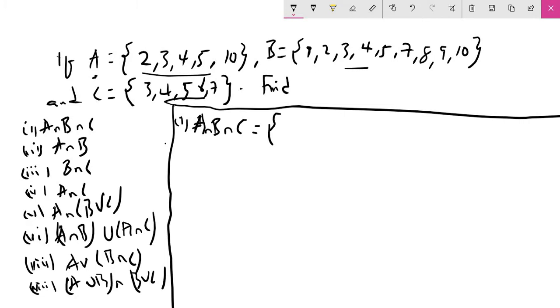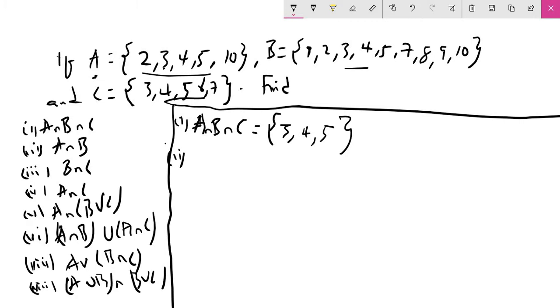Alright? Okay, so let's start checking them. So we have 3. It actually starts off with 3. So we have 3, 4, 5, and that's it. 3, 4, and 5, and that's it.